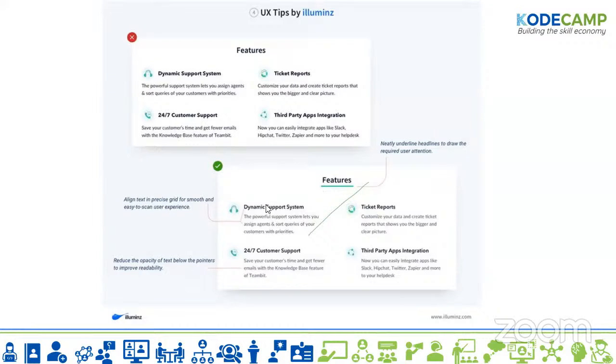If I'm using black here, I use a lighter shade of black for my body text to distinguish between the heading and the body text. So just take note of that when next you're doing your design. So this is why this is wrong and this is why this is right. Whenever you're designing a website or mobile applications, you should learn how to organize your work, making use of a good grid system.